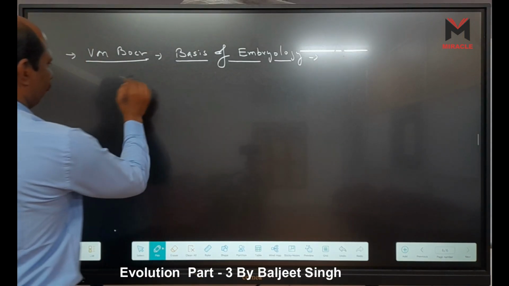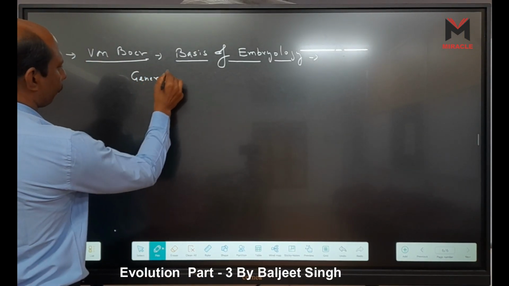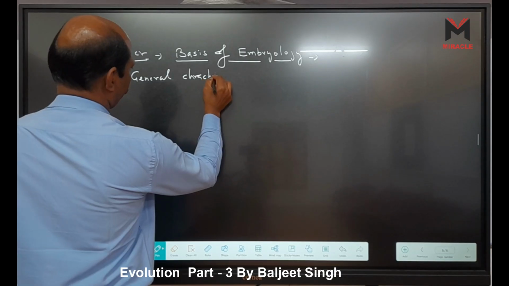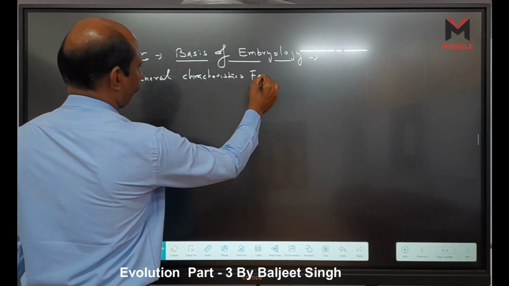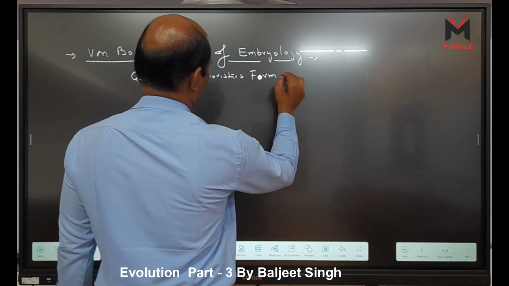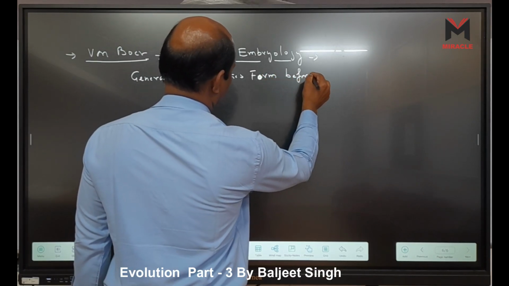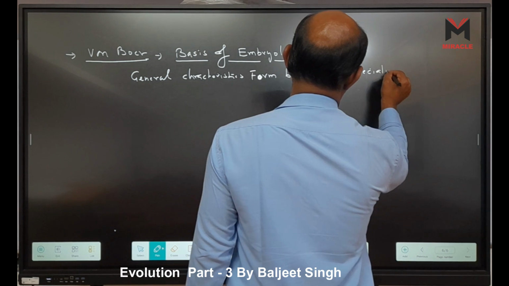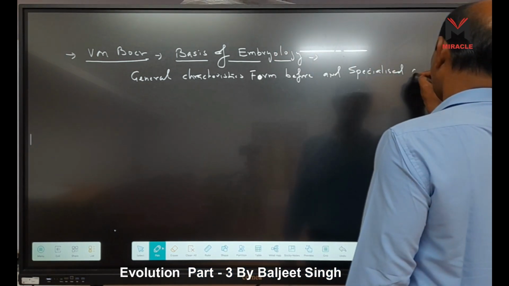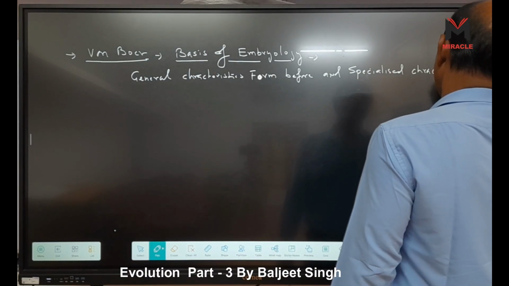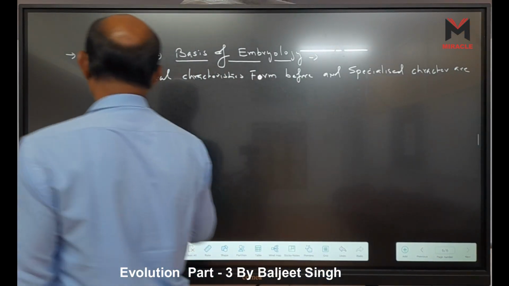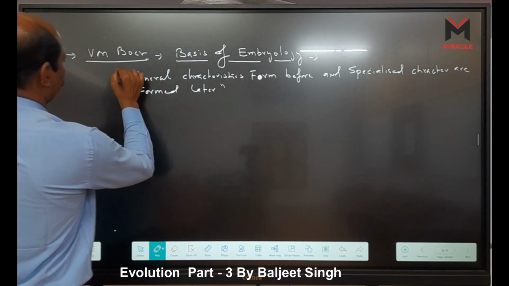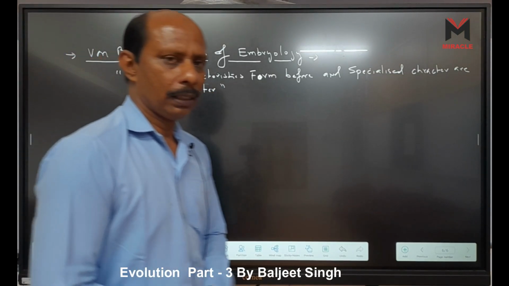He said that general characteristics forms before, and specialized traits or characters are formed later, right? And this is the basis, right?